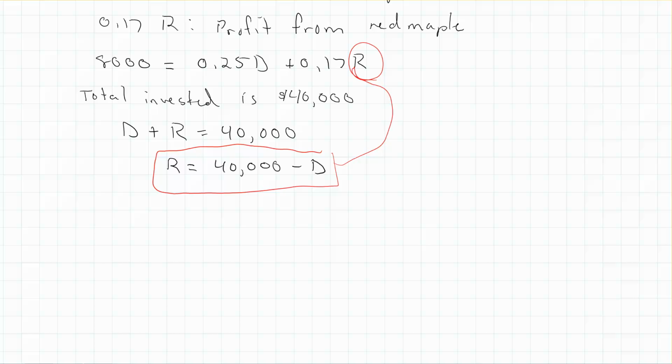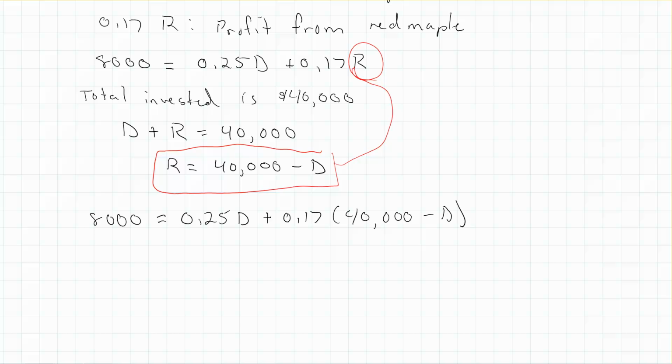So if I do that, you get 8,000 is equal to 0.25 D plus 0.17 times (40,000 minus D).